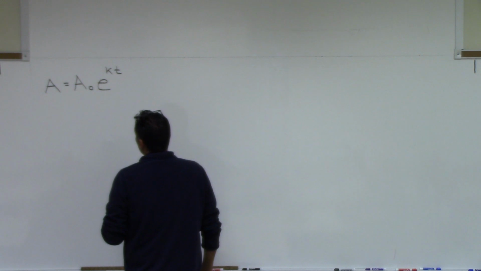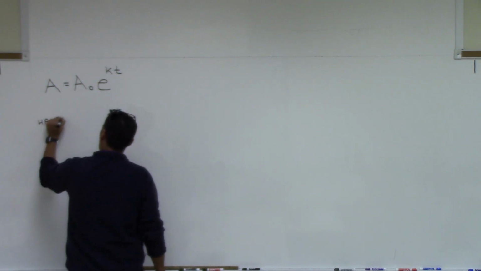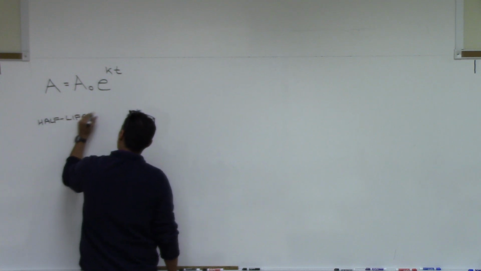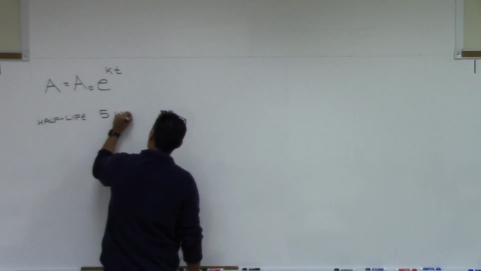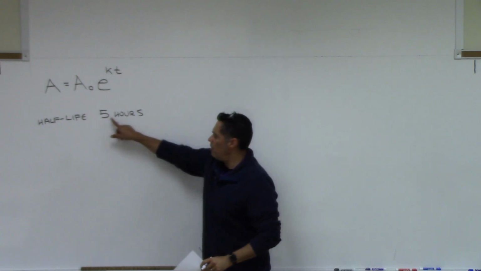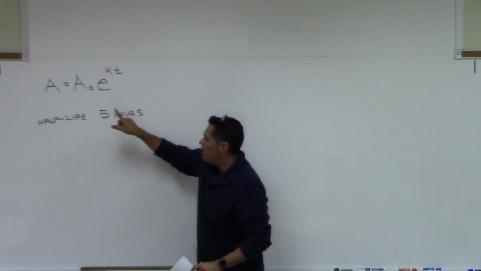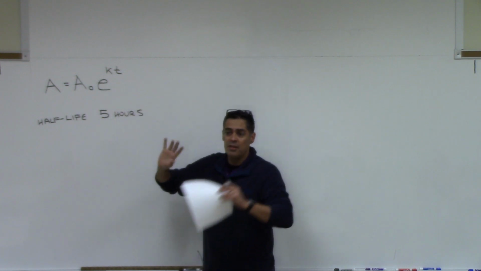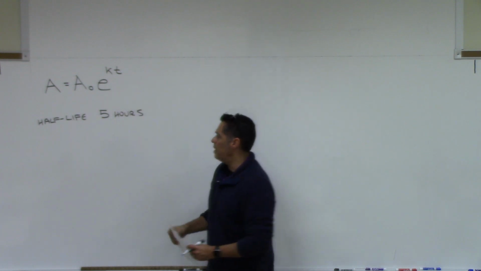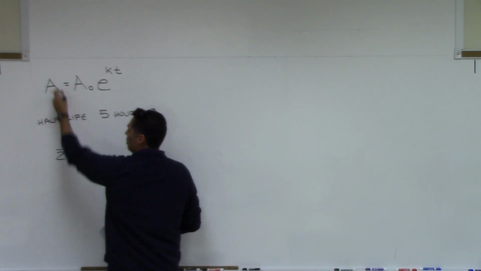So half-life being 5 hours means this. This will work no matter what this number is and whatever this unit is. This could be 5 days. This could be 25 million years. Doesn't matter. Here's what your next line will be. This becomes a half because that's half of it that's going to go away.